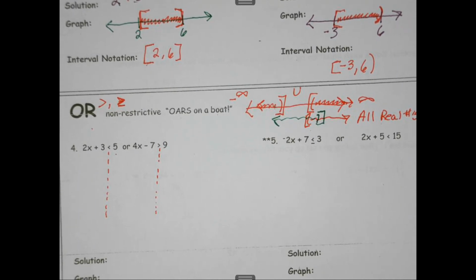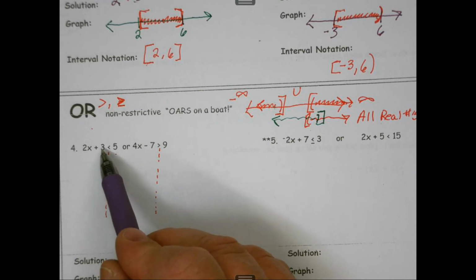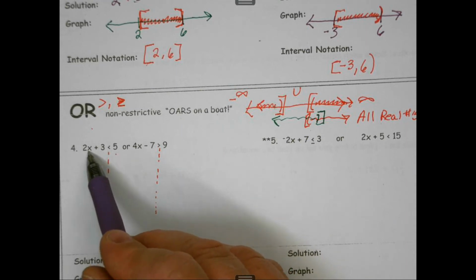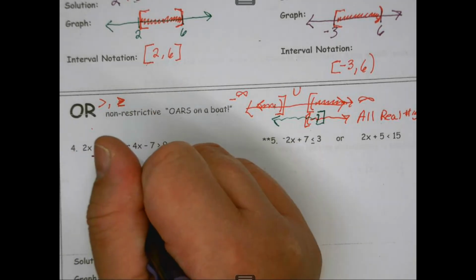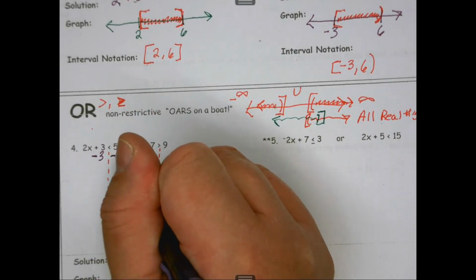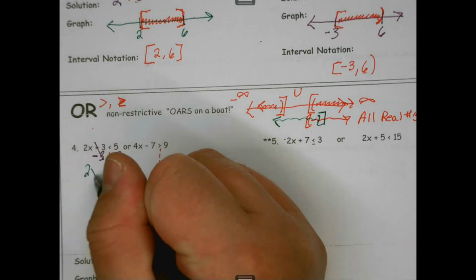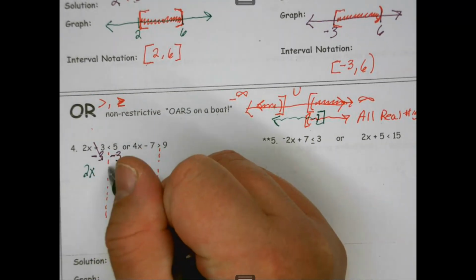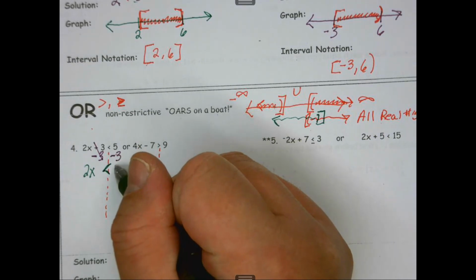And I get 2x. I'm subtracting, so the sign stays the same. 5 minus 3 is 2. Divide by the coefficient, 2. And for this side, I get x is less than 1. I'm dividing by a positive, so that stays the same.